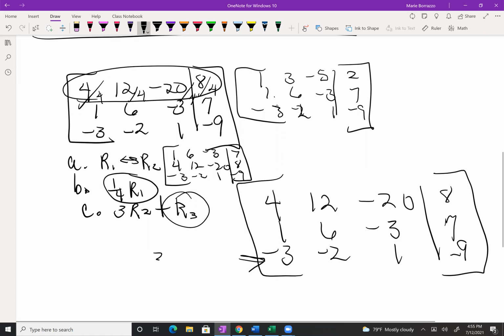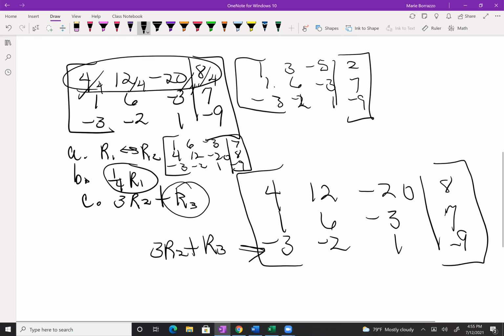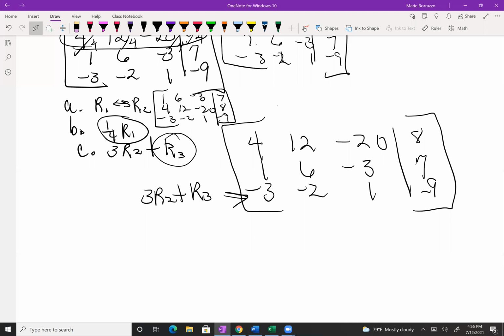So this says 3 times row 2 plus row 3. The reason why they use row 3 is because you can actually write down the math right below it. It's easy to see. So that means that this is 3 times 1 plus -3. So this should result in 0, right?